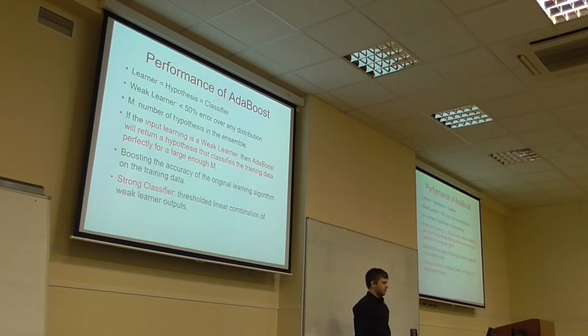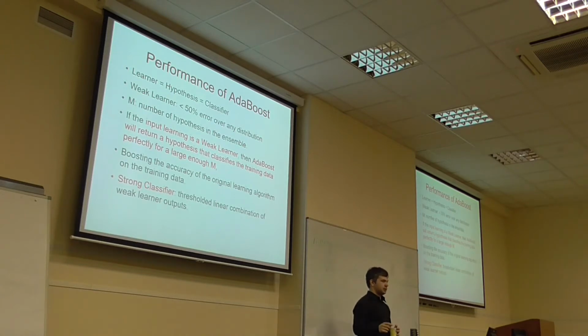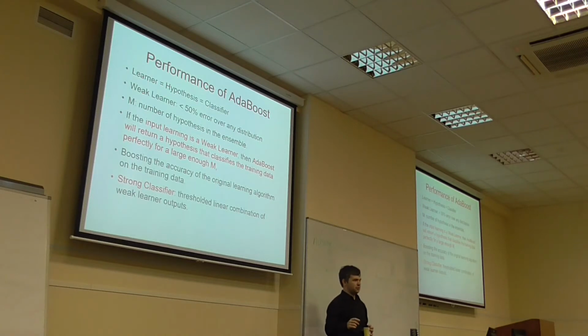But of course, if a weak learner is less than 50% accurate, we may get in trouble because it actually decreases performance. There was one more piece of research in our lab recently. A person was working on ranking, and he found a similar issue in the ranking task. If the initial ranking is worse than a certain level of accuracy, the re-ranking finally introduces even more noise and the result becomes worse.